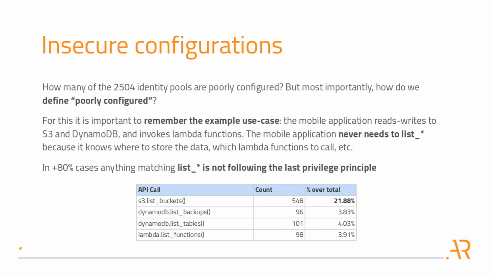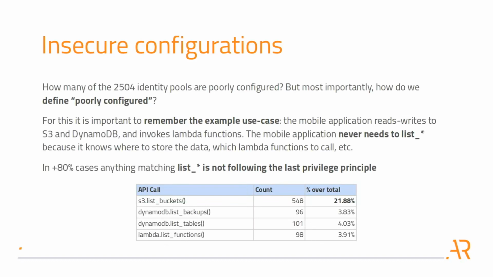The same happens with, for example, Lambda list functions. The mobile application knows the function name to call, and it just calls it. It doesn't need to list the existing functions. And maybe it's a little bit clearer with DynamoDB list backups.